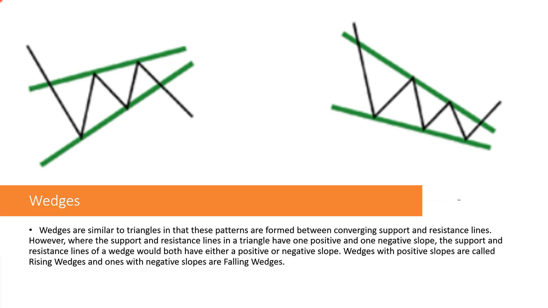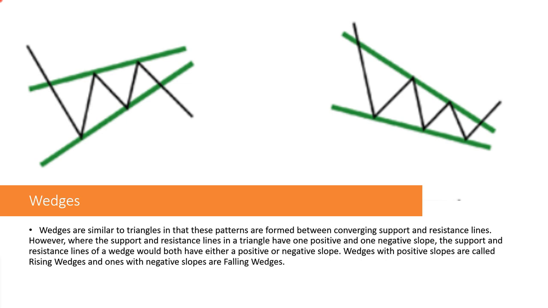Same thing with wedges. Wedges are similar to triangles in that these patterns are formed between converging support and resistance lines. The biggest difference between a wedge and a triangle is that in a symmetrical triangle, the angles are exactly the same between support and resistance. In an ascending or descending triangle, one of the lines is horizontal.